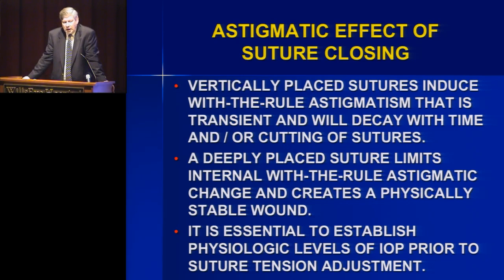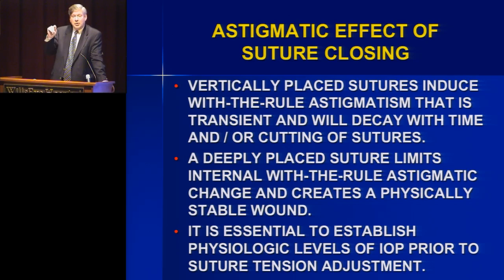That is transient and will decay with time and or cutting of sutures. So with the rule astigmatism that they have immediately after the surgery will degrade over time. Okay, if you cut sutures, it'll degrade much more quickly. A deeply placed suture limits the internal with the rule astigmatic change and creates a physically stable wound. Well, this is like when you do corneal lacerations.